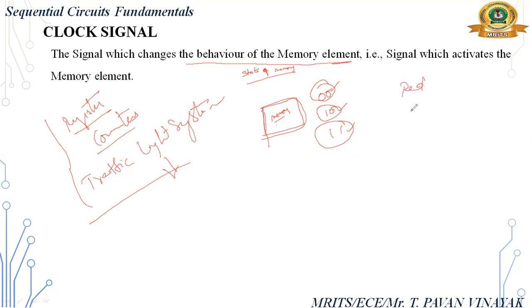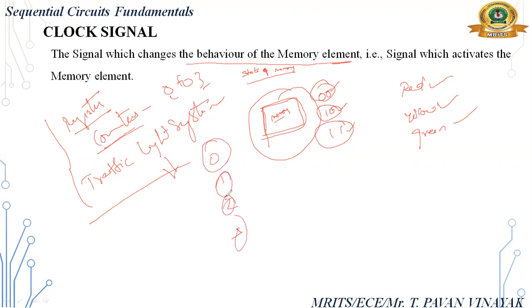You have to store only three colors: red, yellow, and green. Mostly only these three possible outputs are available in memory. For counters, suppose I am counting 0 to 3 only. How many combinations do we require? 0, 1, 2, 3, only these four numbers, which means four states.